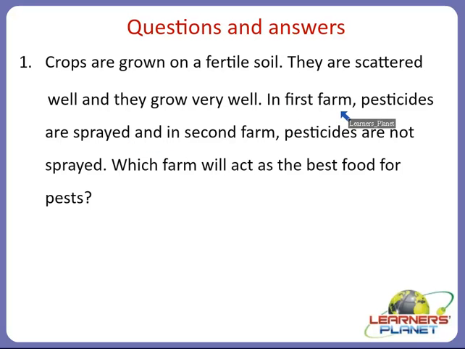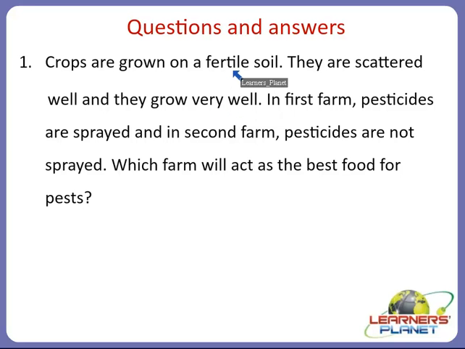Means in the first farm, the crops are grown on a fertile soil, they are scattered well, and they also grow very well because all the conditions are provided, alright?